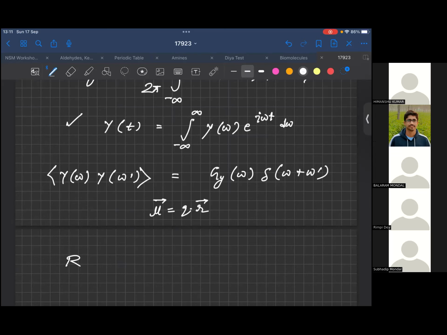Means mu equals q into r, the more delocalized nature of the electrons means we can approximate it less. But like he said, it's on the surface of metal only, right? Yes, on the surface of metal. In that case, I think it is not easy to get dipole information from a metallic surface. It is still under study.